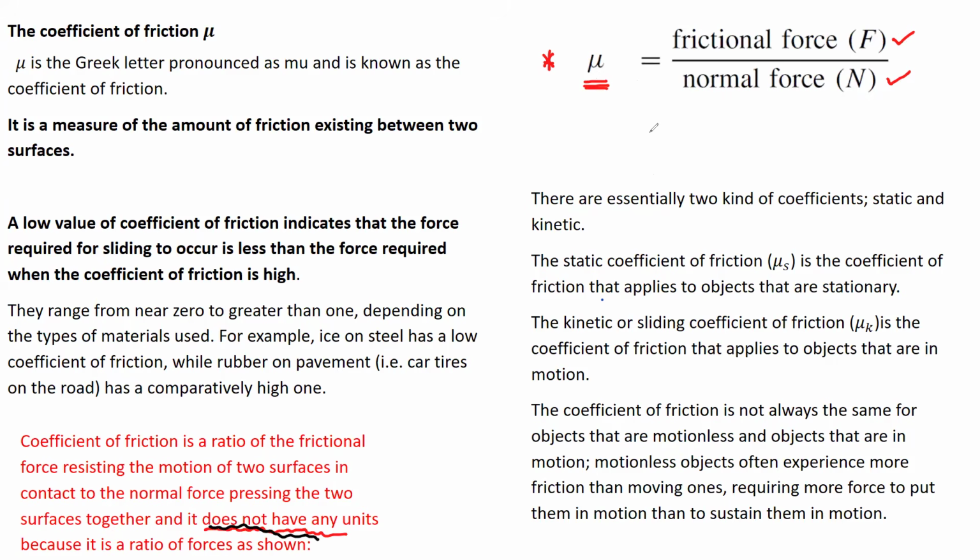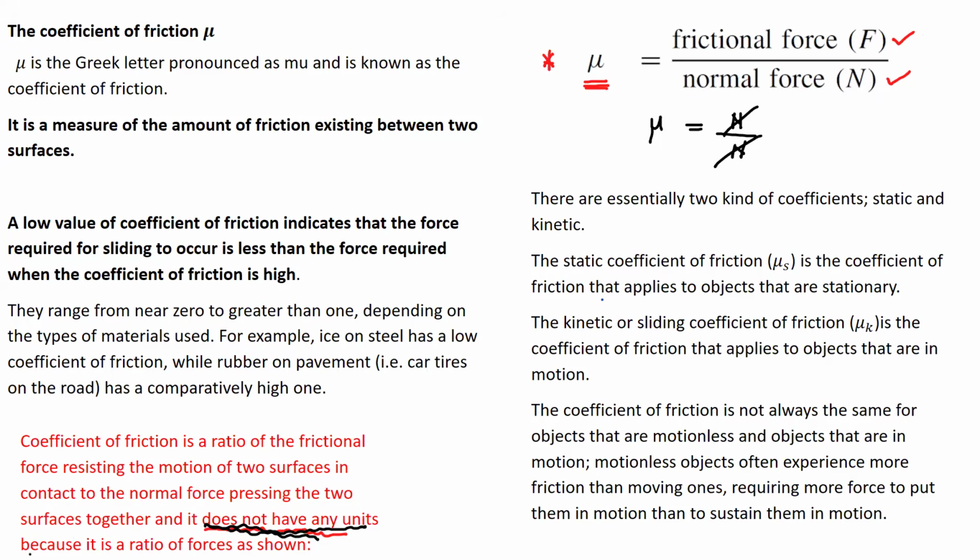Why? The formula says frictional force, which is measured in newtons, over normal force, which is also measured in newtons. Newtons cancel each other out. So it does not have any units.